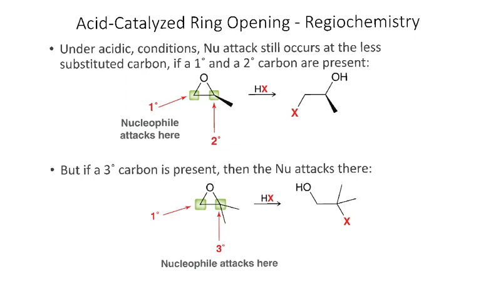We're going to add the nucleophile to the less substituted carbon. However, if a tertiary carbon is present, then the nucleophile attacks in a counterintuitive fashion, and it actually attacks the tertiary carbon, which we generally would not expect for an SN2 mechanism. So on the next slide, we'll look and see why we get this very unusual result.